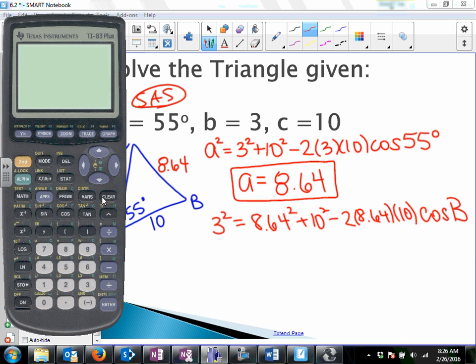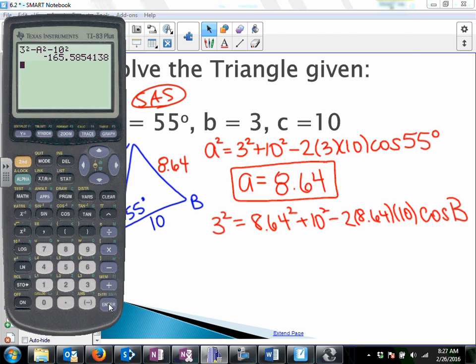Let's talk about how we solve this problem. What do we need to do first? Okay, we're going to have to square all those things. What can we move over to the left side with subtraction? Okay, so we can take 3 squared and subtract over the A squared and subtract over the 10 squared.